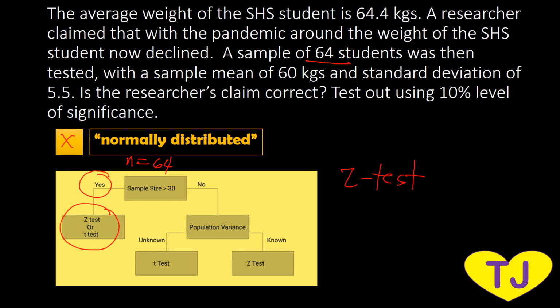And even though you're given the sample standard deviation, take note that as your sample size becomes bigger and bigger, your sample standard deviation will also approach your population standard deviation, and literally they would be equal. So that is why we are using the z-test for that one. I hope you are now enlightened as to what type of test is appropriate for the given problem.